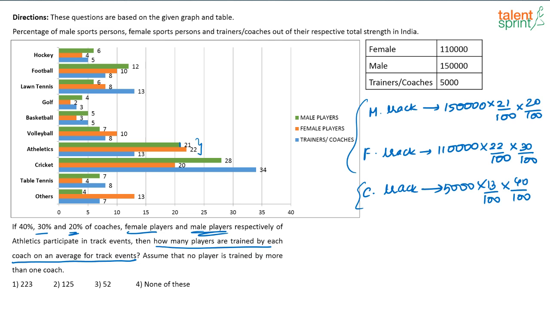So what is the answer that you get here? Find out how many male members are participating in track events, find out how many female members are participating, add that, divide it by the number of coaches, that's all.